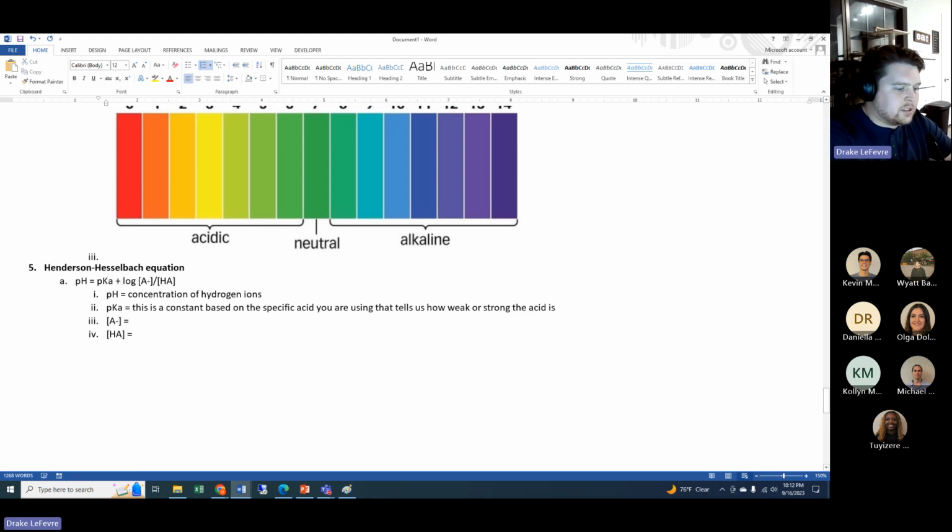If you needed to do any equations like this, they would have to give you the pKa value in order to solve it. Or they'd have to give you the pH and everything else, and you'd rearrange to solve for the pKa. It's just a constant based on the specific acid saying how strong or weak it is. That's figured out in a lab by doing experiments, putting a certain amount of acid into water and then measuring exactly how much of the acid broke down. Okay.